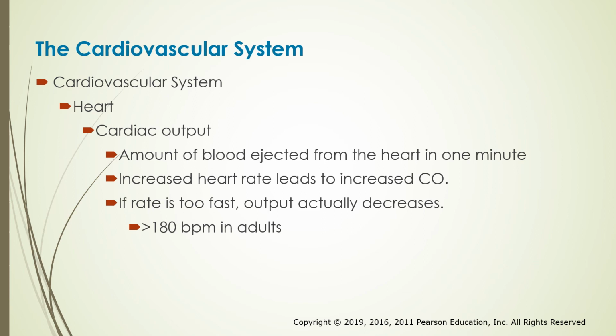So if you're squeezing the sponge over and over again so fast that it never has time to get water back in it, obviously the water you're squeezing out of the sponge is going to go down. The same is true of the heart. If the heart is pumping too fast, which is typically greater than 180 beats per minute in adults, it's not allowing it enough time to fill up with blood. So obviously that's going to cause less blood to be pumped out.